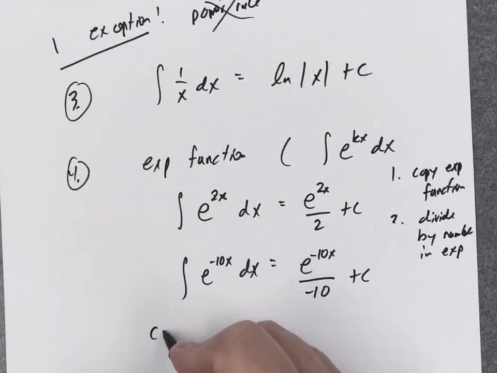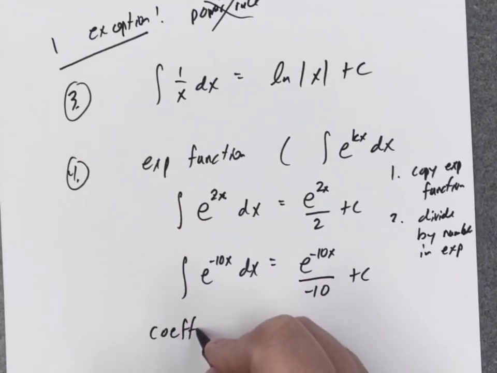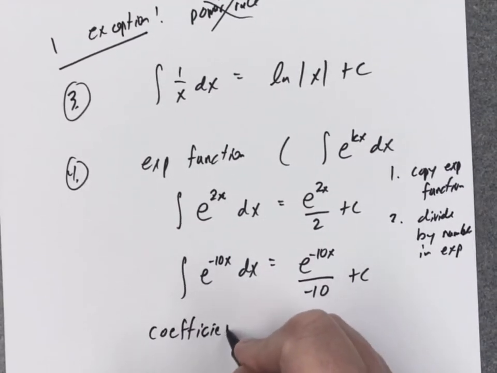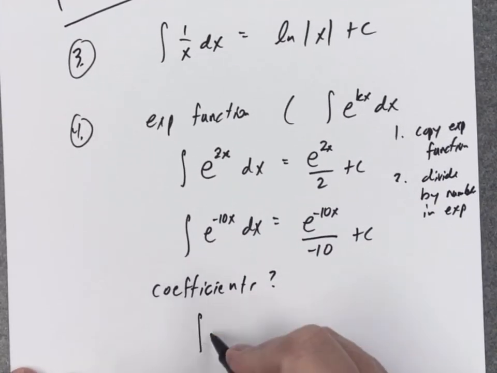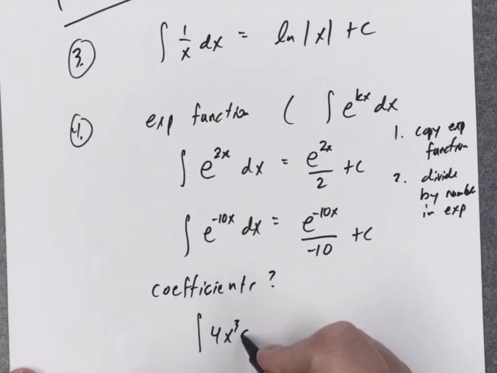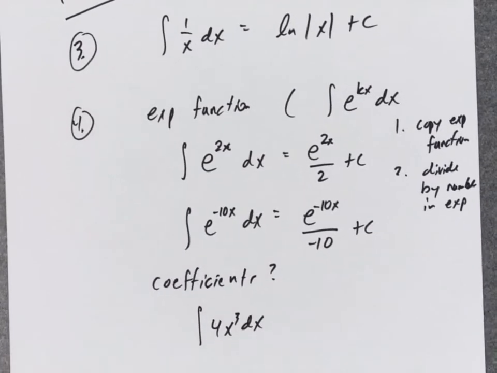However, sometimes, what about if you have coefficients? What about if you have the integral of 4x cubed dx? Coefficients for integrals, we treat them just like coefficients for derivatives. You just move them out front and they just tag along for the ride.